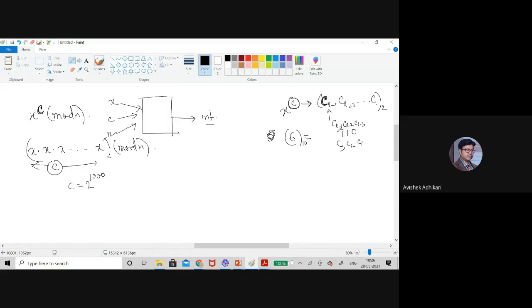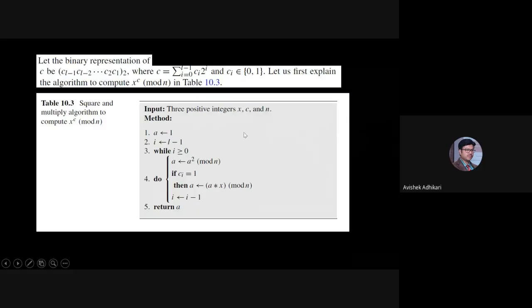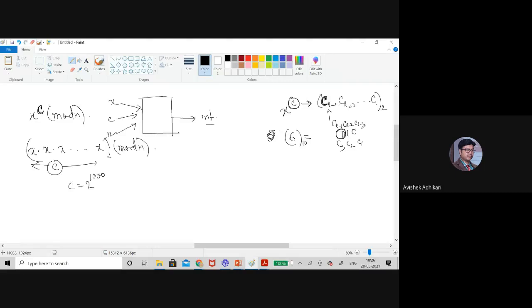So first look at c_3. It starts with a equal to 1. This is a counter, while i is greater than or equal to 1. You can understand that the counter starts with l minus 1.